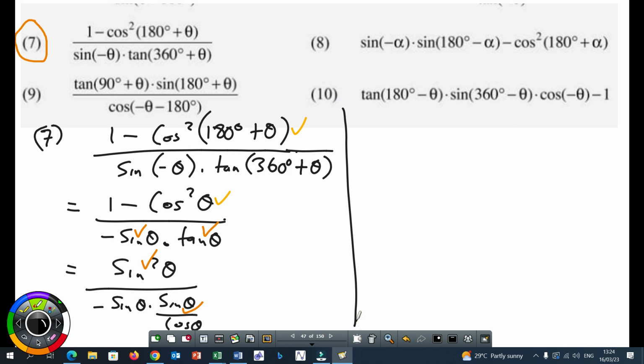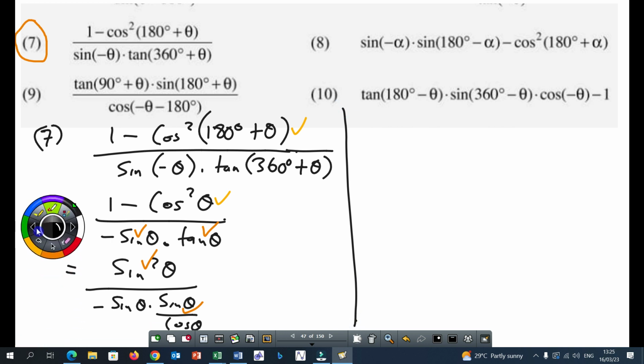Then from here, you need to be aware that we have in the numerator sine squared theta, then convert the division line to a division sign. So you get divided by minus sine squared theta over cos theta. I multiply this minus sine theta and the positive sine theta, then you get minus sine squared theta.